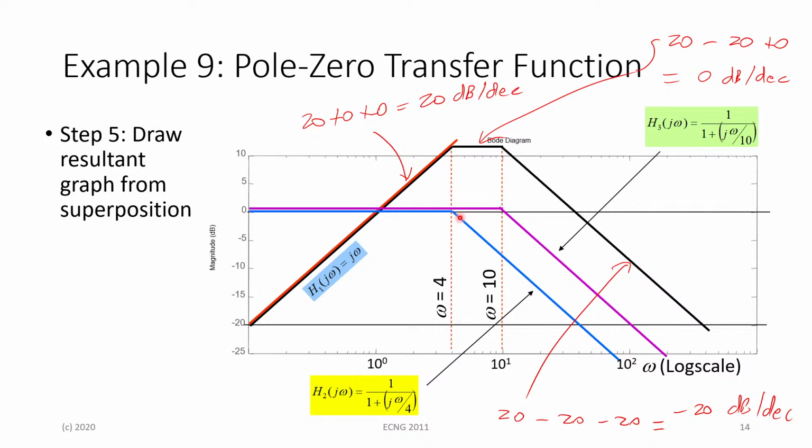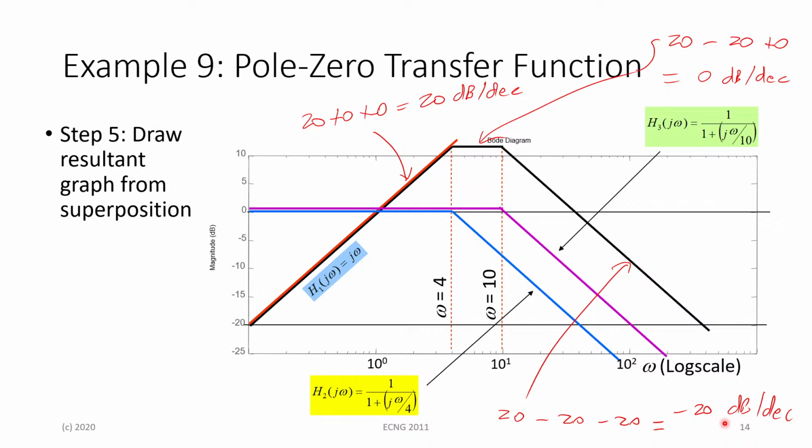H2 here is minus 20 decibels per decade for its gradient. So we put that minus 20 here. And then H3 here is also minus 20 decibels per decade. So we put that minus 20 decibels per decade here. So 20 minus 20 will give us 0, and then minus 20 will give us a result of minus 20 decibels per decade.